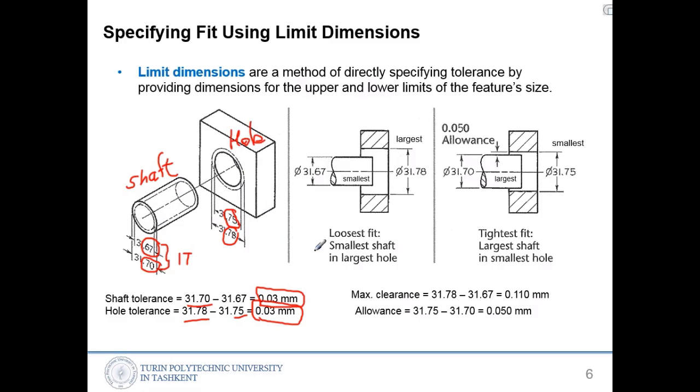Okay, so there are two types of fit: loosest fit and tightest fit. So we are choosing the largest hole. Largest hole is 78, right? For this one, we're inserting the smallest shaft. Smallest shaft is this one, 67. And so in this case, we will have a bigger allowance. So here, that is called maximum clearance.